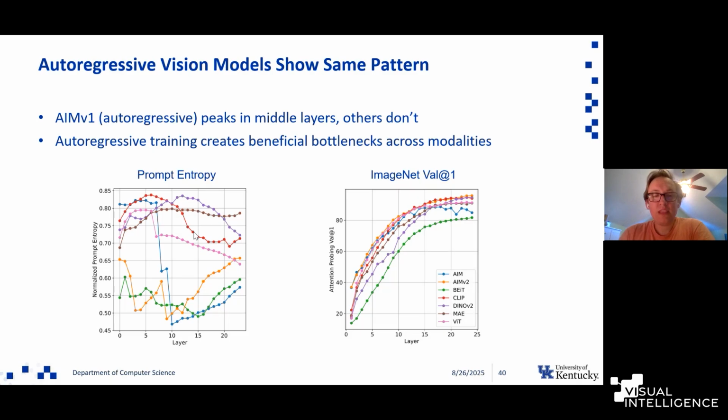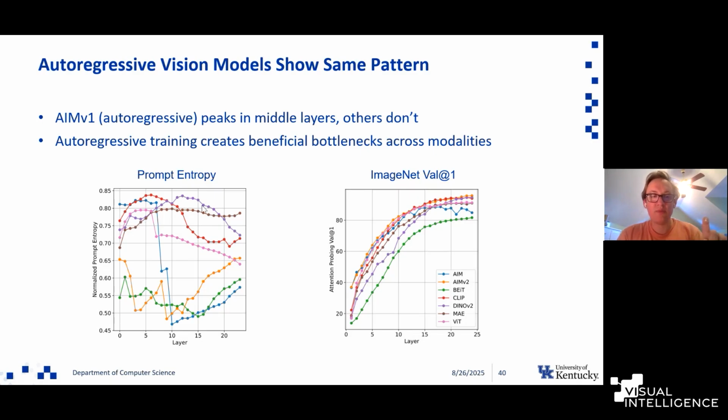And I really like this graph because it shows alongside AIM, you have these other models like CLIP, DINO V2, and MAE. Each different pre-training task has its own fingerprint for what's going on inside the model. It looks like there are two striations of models.